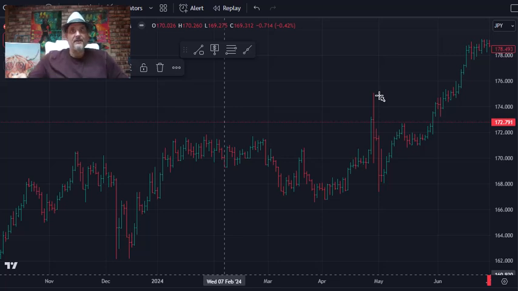I think it's around 70. I'm not really sure, because I don't really trade this, I don't really track it. So it's really not going to do us any good, because the Fibonacci ratios are going to be so huge that they're not really going to be of any importance for us. So what do we do with a situation like this?